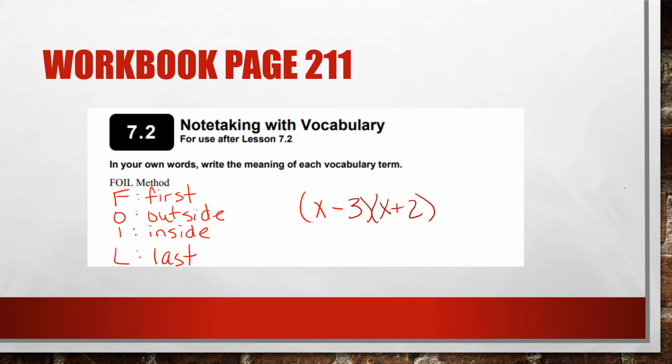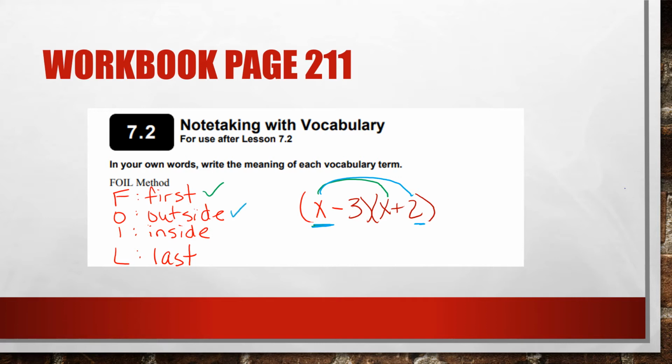And so what we're going to do is take the first, which is x, and multiply it by the first and the second one. So basically we do x times x. That's what the first stands for. The outside is this outside term and the outside term here. So basically you can look at it as distributing the x.